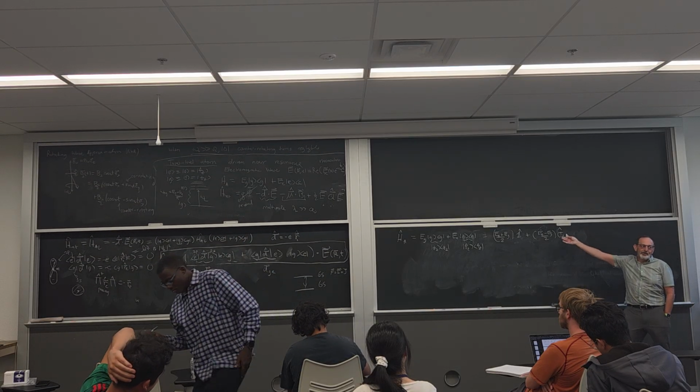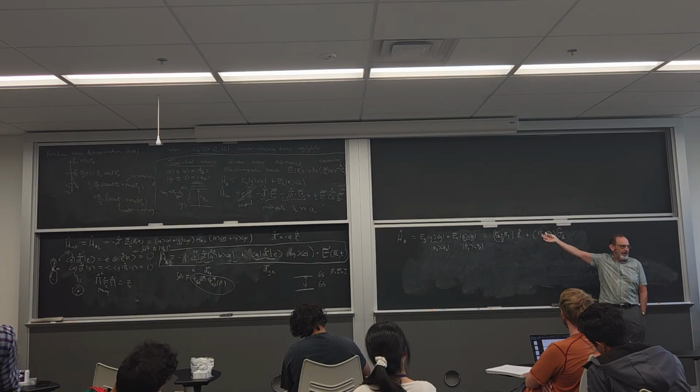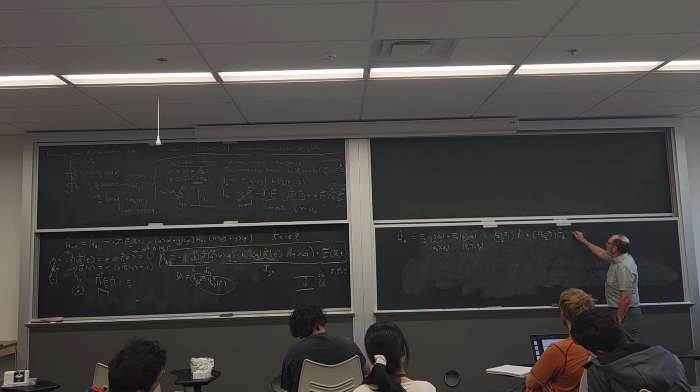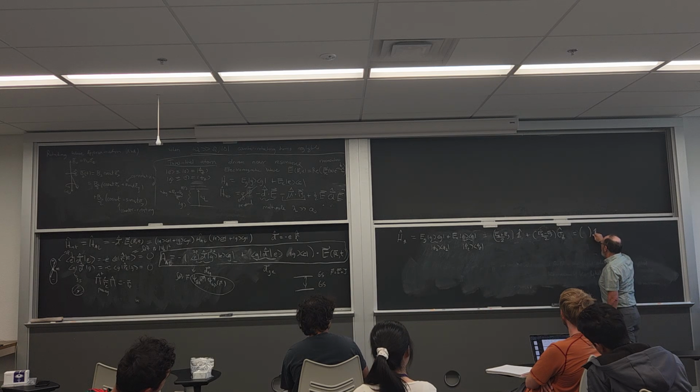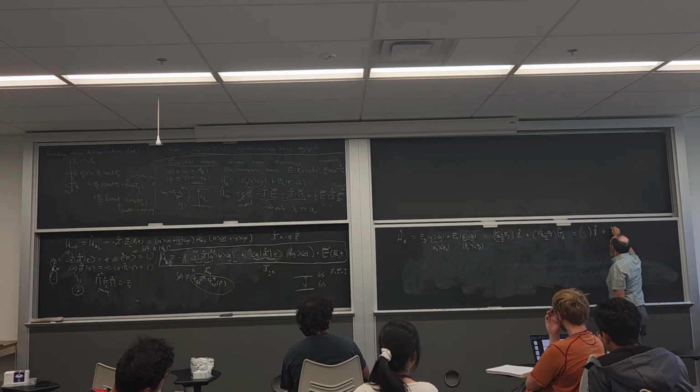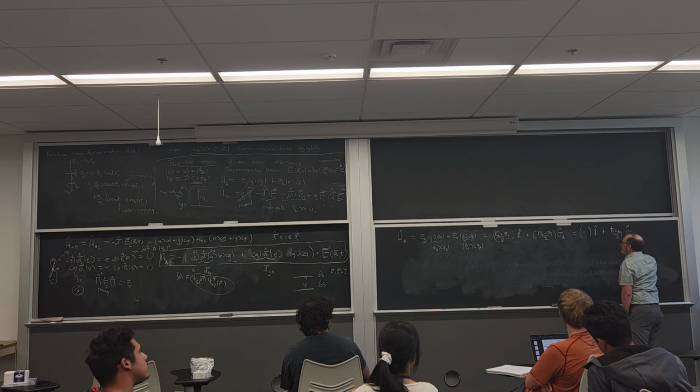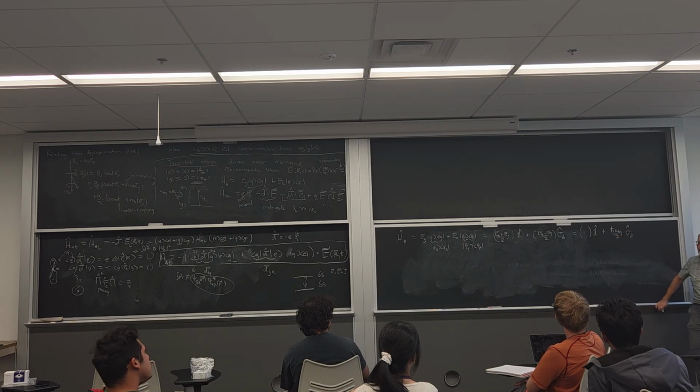It's a pseudo direction. Everyone clear? Which I can write as some constant times the identity plus h bar omega Eg sigma Z. Everyone clear on that?